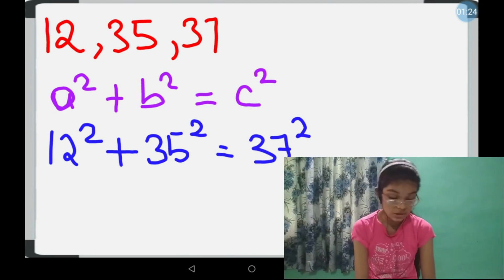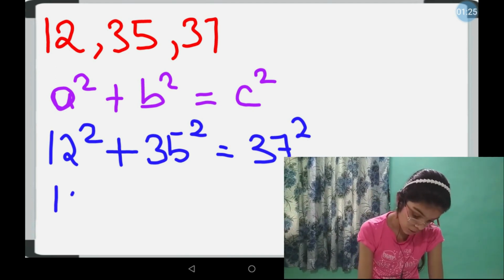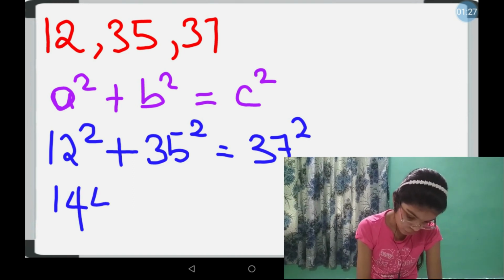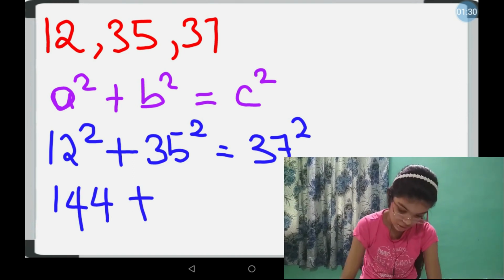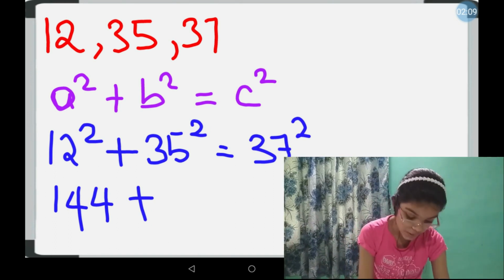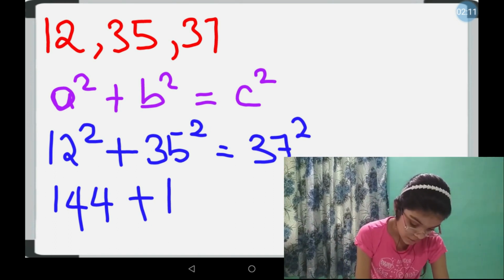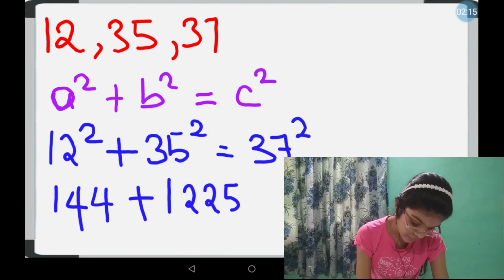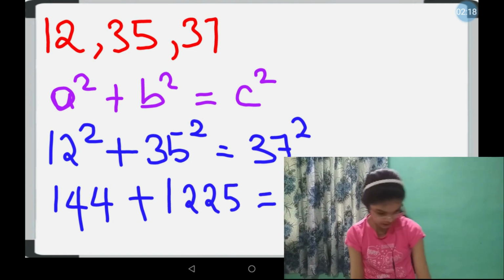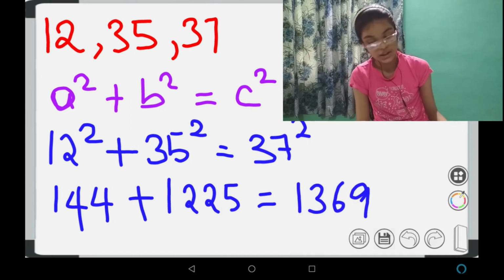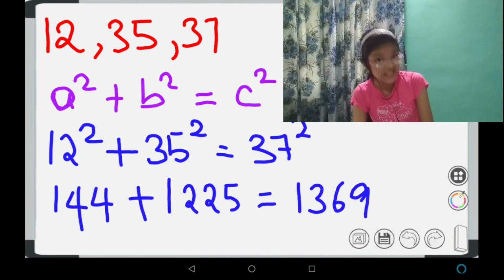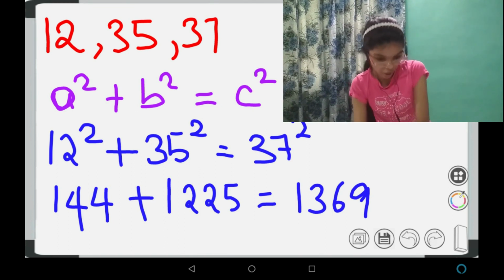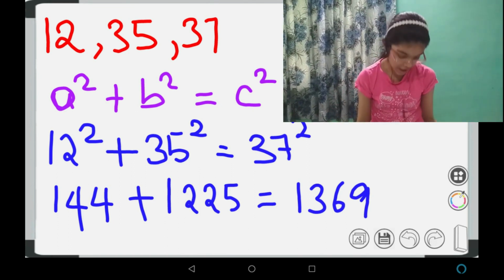Now, what's 12 squared? 144 plus 35 squared, which is 1225. And now we have to add them together. And the answer is 1369. And now, how do we know if all this is right?